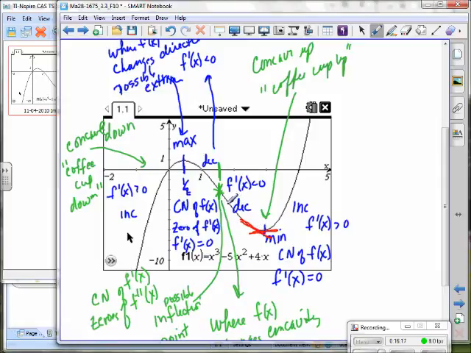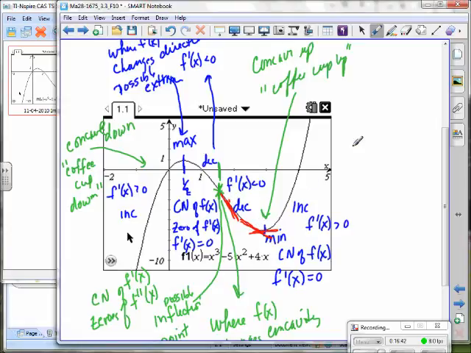Now, if I come up here and I have a steeper tangent line, which is the greater slope? Forget the absolute value part. Which is a greater slope, from this tangent or this tangent? The first one or the second one?